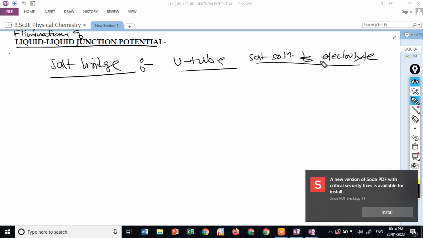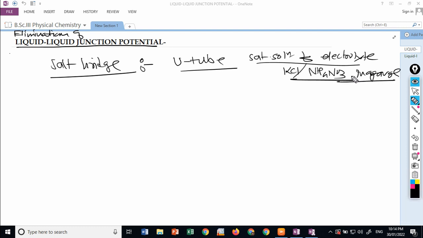Generally KCl or NH4NO3 is used as electrolyte in an agar gel.